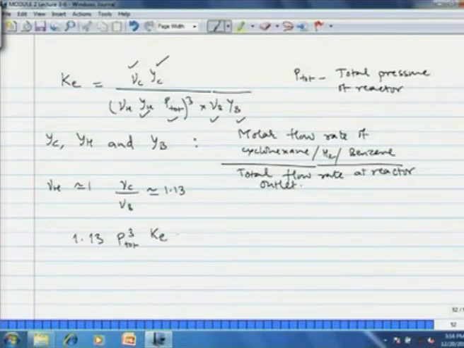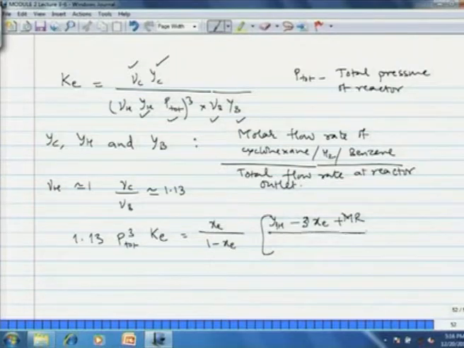into KE is equal to XE divided by 1 minus XE into YPH minus 3 XE plus MR molar ratio divided by MR minus 3 XE into YPH whole bracket cube.